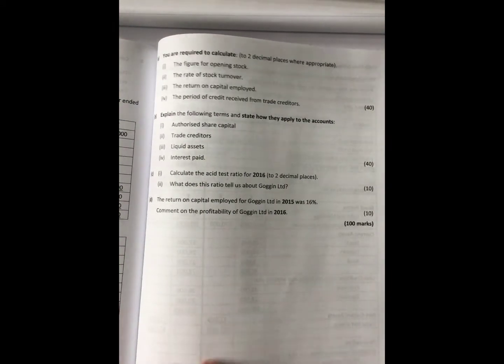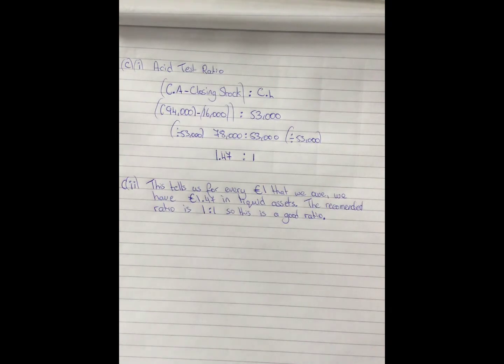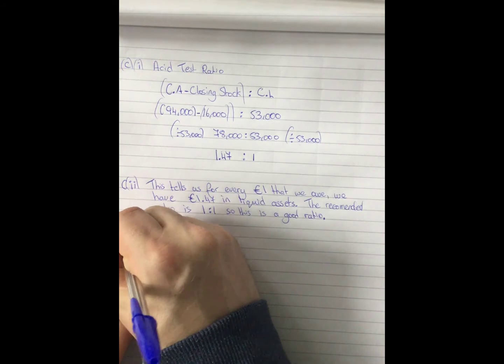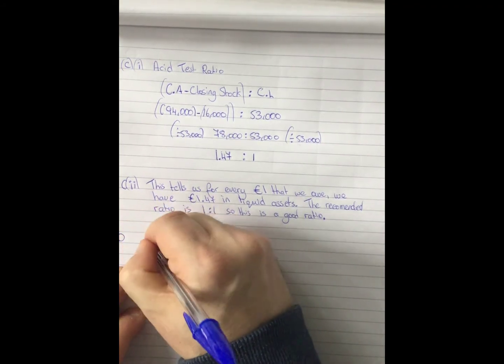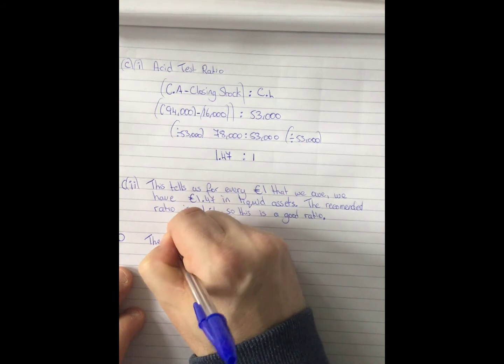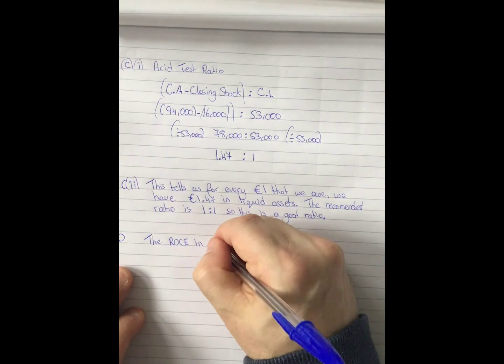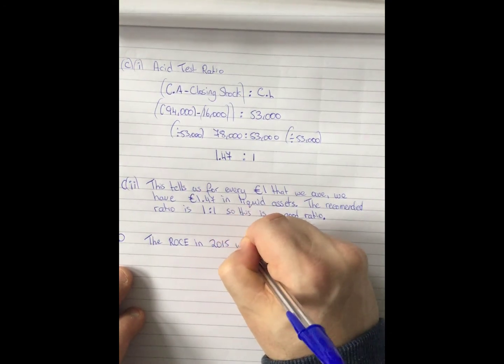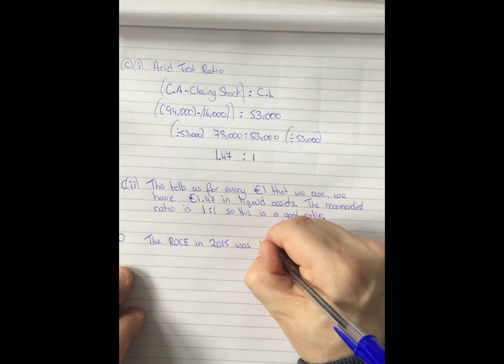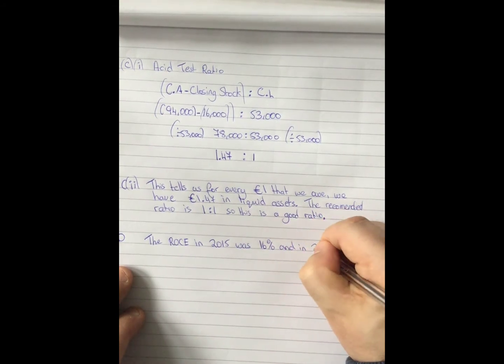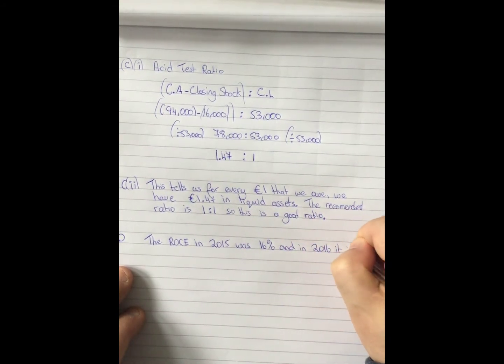So just to write it here, part D. Now you can say the ROCE, you can abbreviate like that, in 2015 was 16%, and in 2016 it is 18.06%.